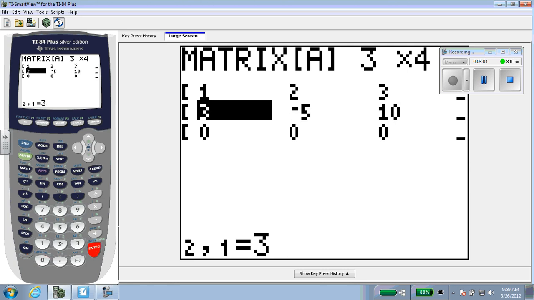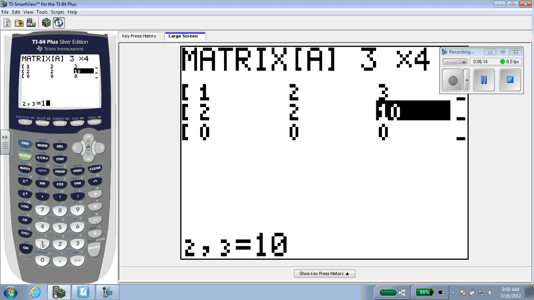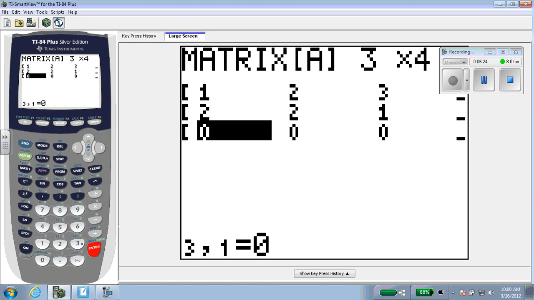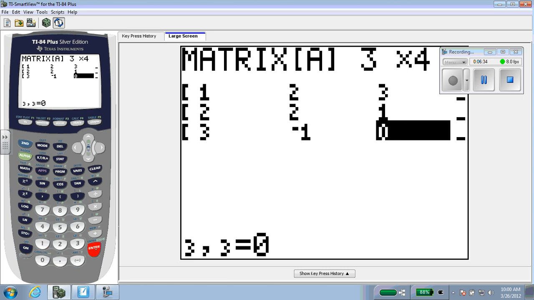With 2, 2, 1, 10, with 3, negative 1, negative 1, and 5.